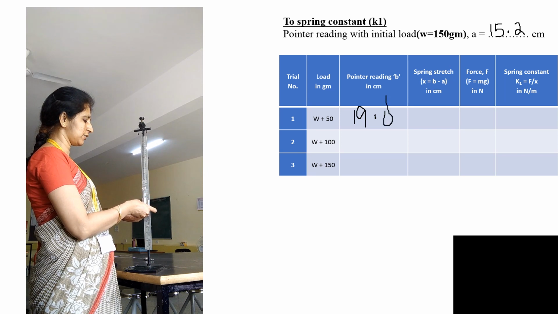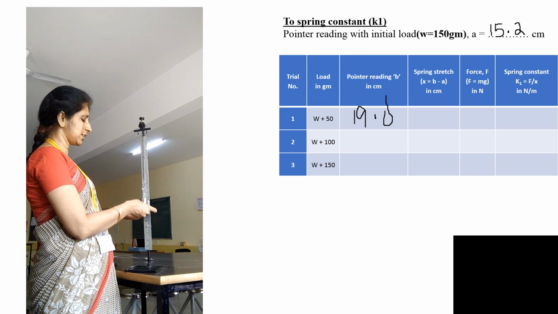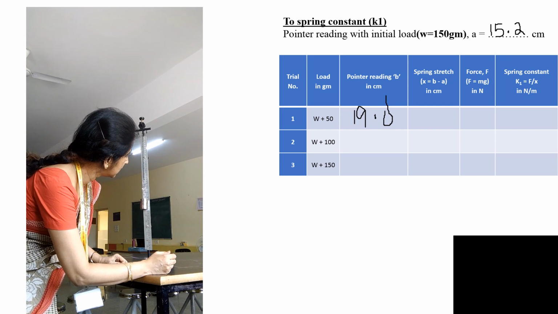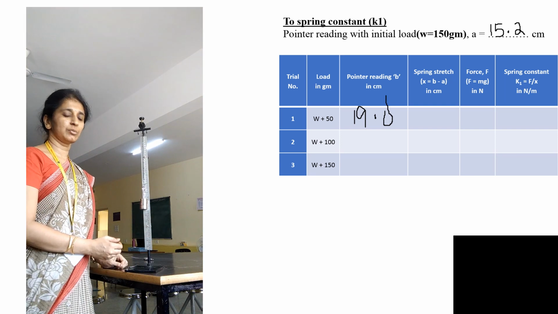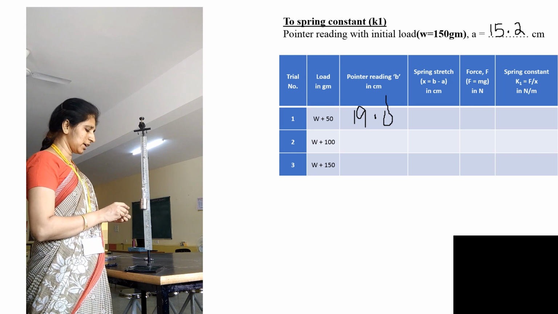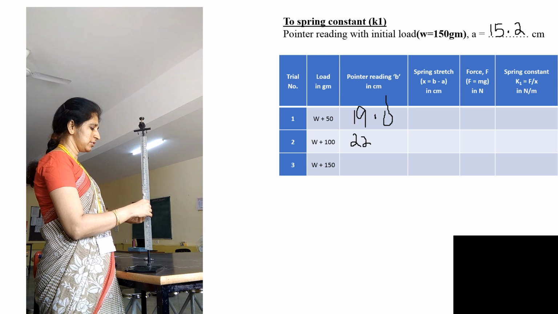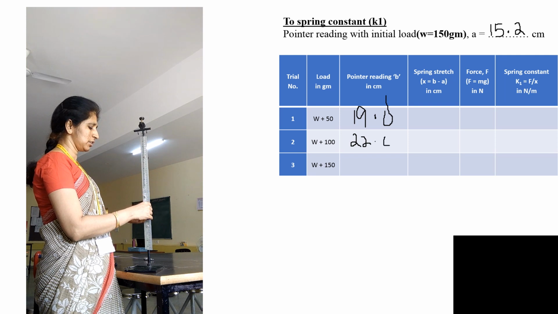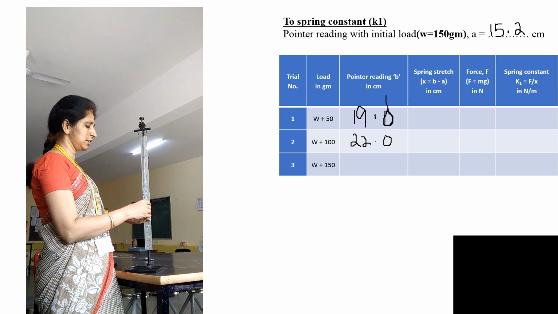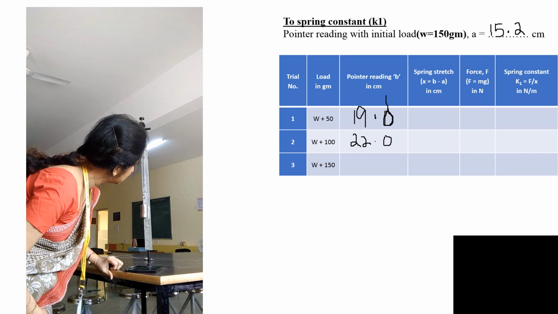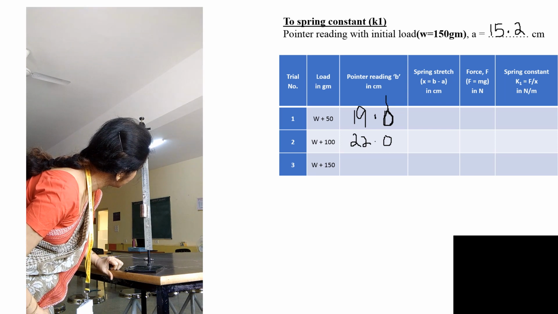The initial load is 150 gram, or you can say dead load, and another 100 is added. For this, the pointer reading is 22 centimeters. Next, let me put another 50 gram. So now the total load applied is 150 gram along with the dead load. The pointer reading comes out to be 25.4.